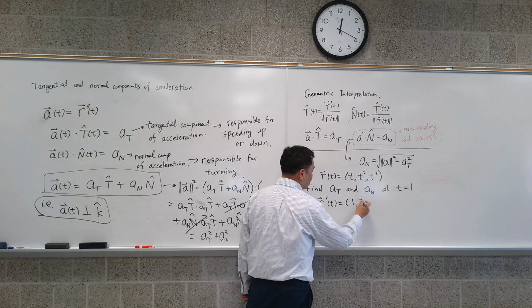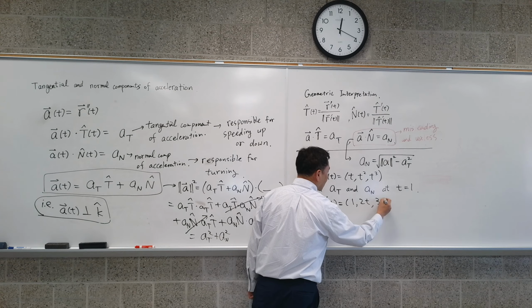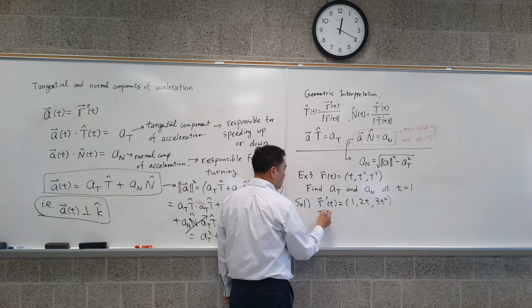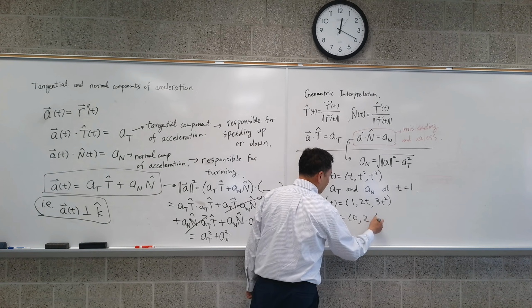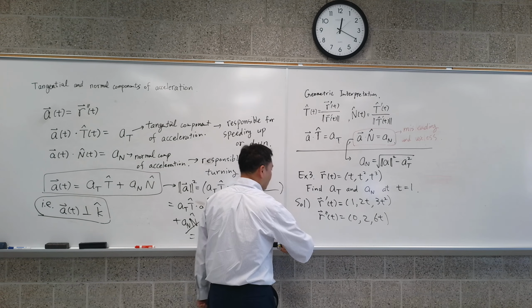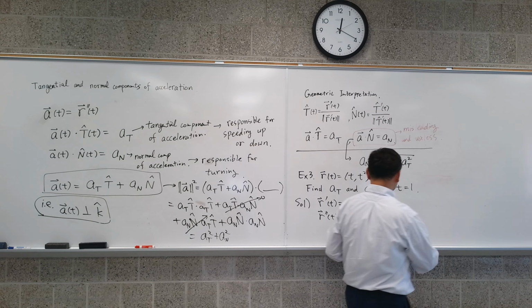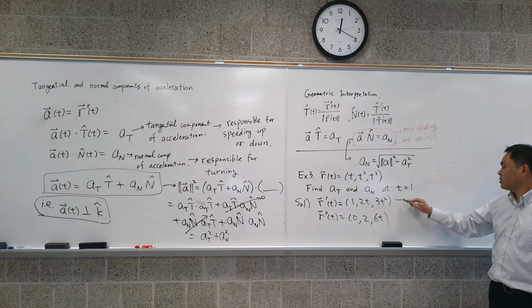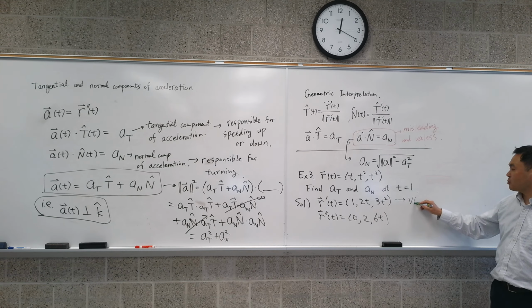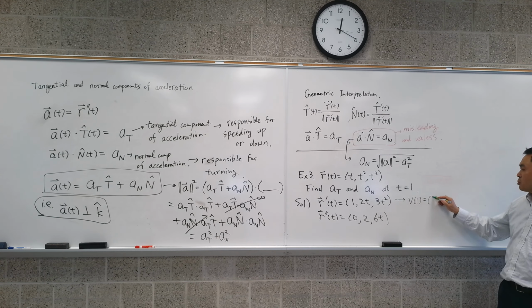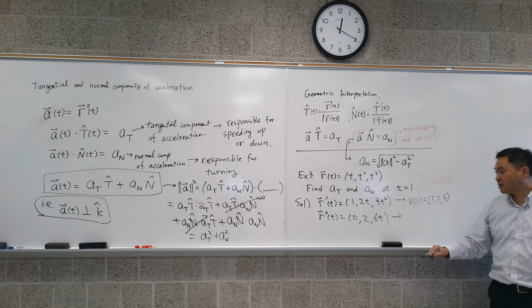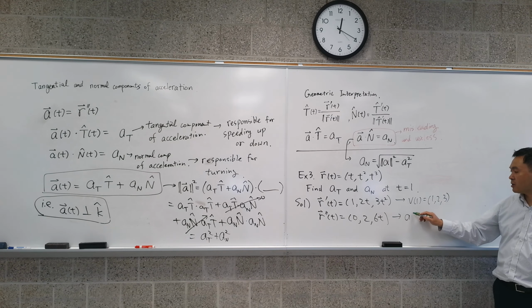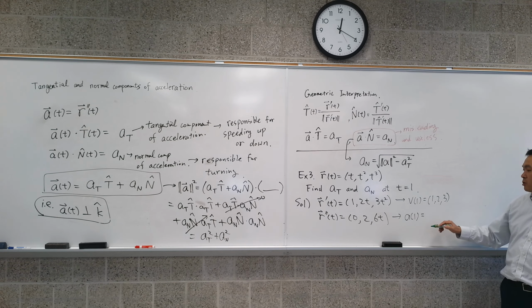So differentiate once, differentiate twice. And then plug in 1, so you know that the velocity at 1 is going to be 1, 2, 3. And you know that the acceleration at 1 is going to be 0, 2, 6.